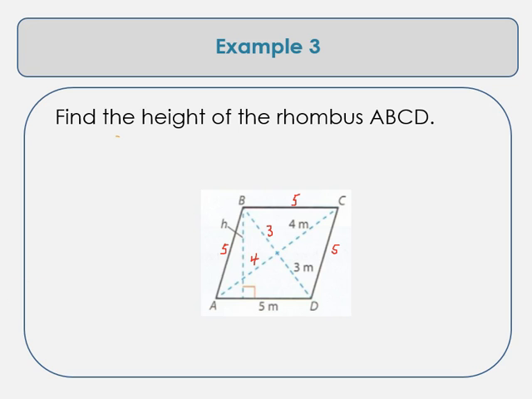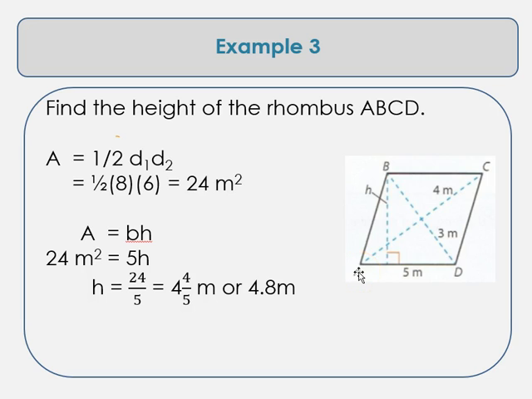So what we're going to do is use the diagonals to find the area of the rhombus. Then we're going to substitute the area and the length of the base into the formula for the area of a parallelogram, and we're going to solve the equation to find the height. So we're not solving the area, we're solving the height. We just solved for the area of the whole rhombus.